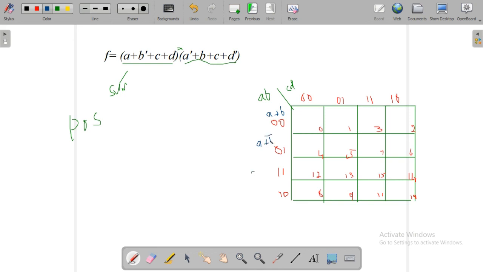Next one is A dash plus B dash. Both are negated. Next one is A dash plus, for 10, that is A dash plus B. Also you can write it like this. For CD, 00 means C plus D, 01 means C plus D dash, 11 means C dash plus D dash. Next one is 10, that's why C dash plus D.